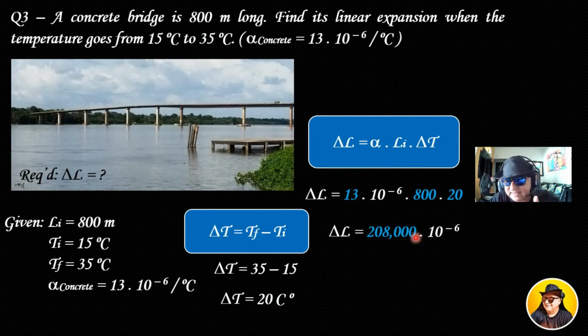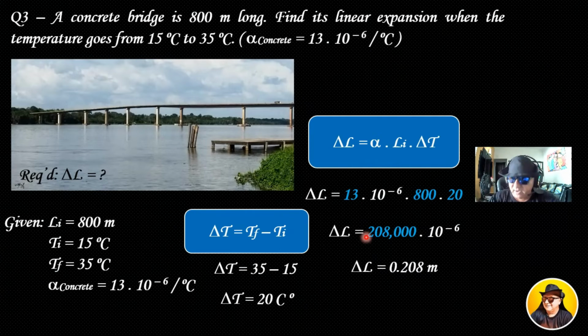Let's move 6 spaces. 1, 2, 3, 4, 5, 6. You see? So delta L is 0.208 meters. Okay, so we have finished it. This is the result. This is the length expansion of that bridge. Okay, so far so good.